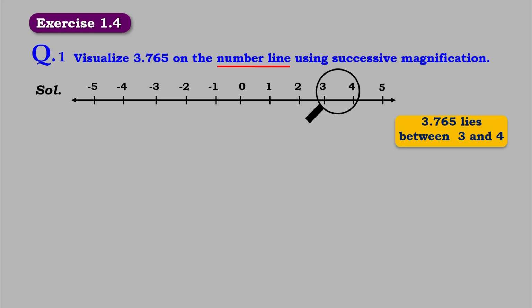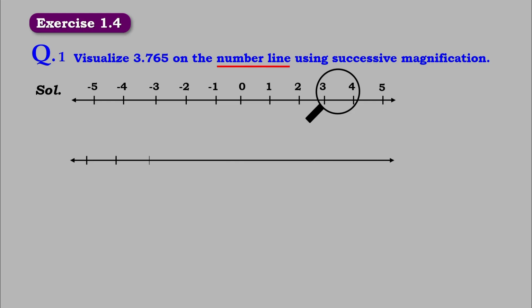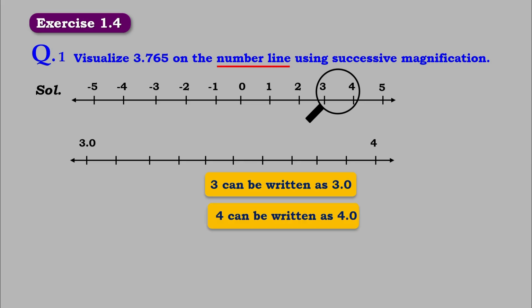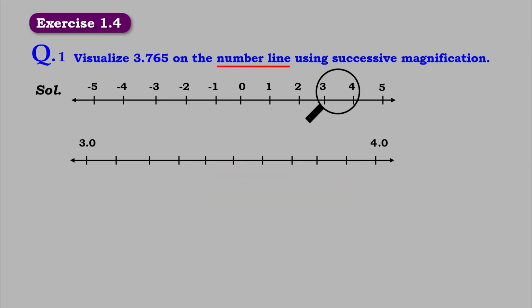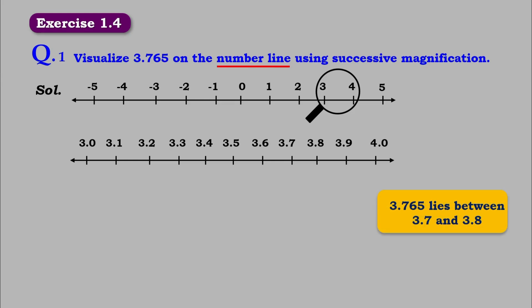So we will magnify this part between 3 and 4 and make 10 equal divisions. Now we will write 3 as 3.0 and 4 as 4.0, and we will write the successive decimal numbers in between.